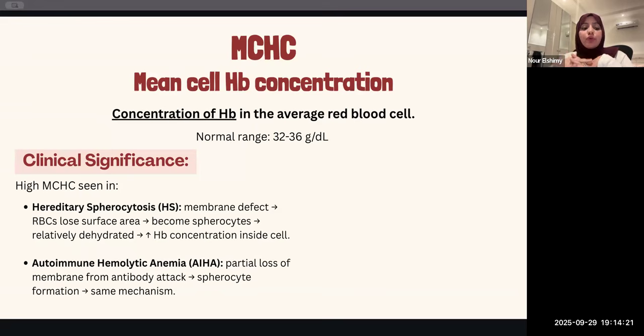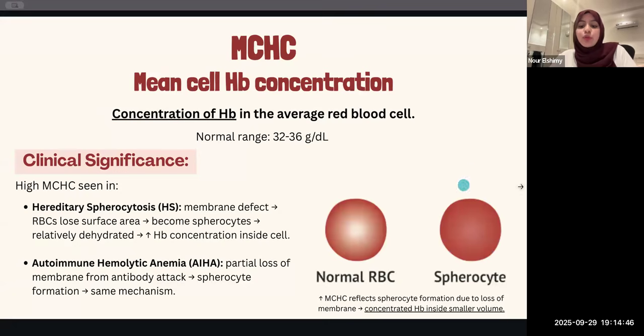And it's also found in autoimmune hemolytic anemia. So this also happens kind of the same way. There's partial loss of the membrane, or the membrane is not very regular because of antibody attack. So again, it's going to look like a sphere, so spherocyte formation. And again, it's going to be less hydrated, so dehydrated, and the hemoglobin concentration inside of the cell would increase.